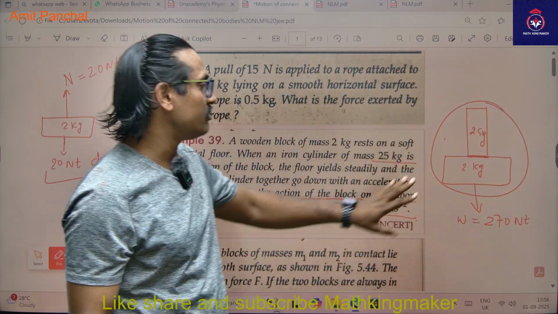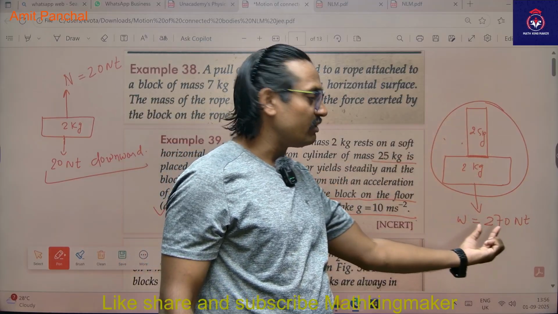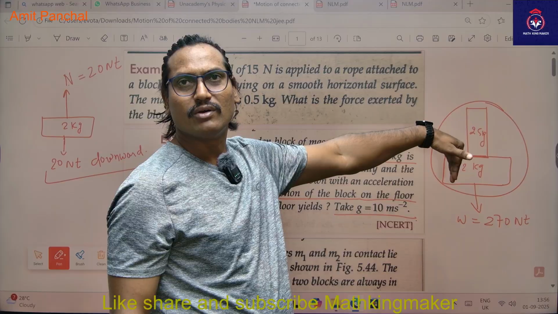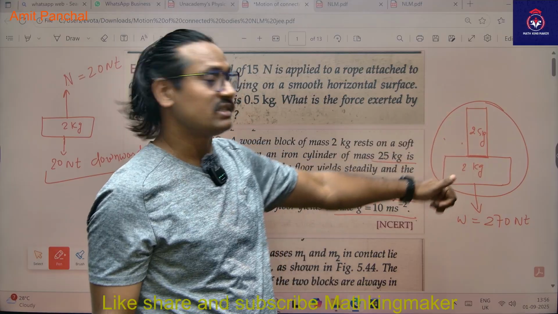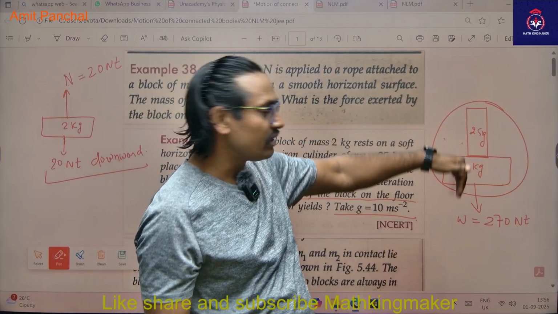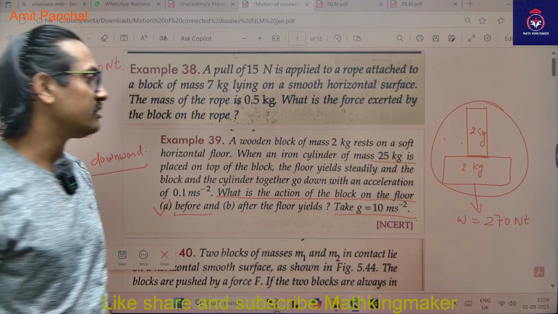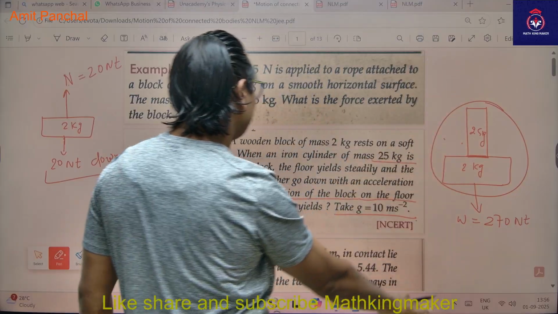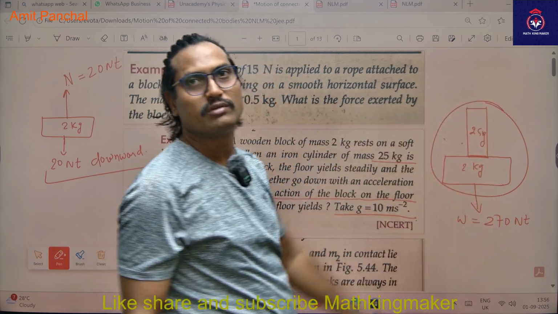So the entire system is of 27 kg. So that will apply 270 Newton weight on the floor. But the floor is not able to sustain that 270 Newton force. That's why your floor is going downward. This entire system is just going down into the floor.